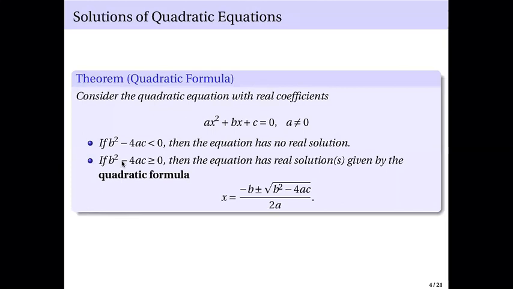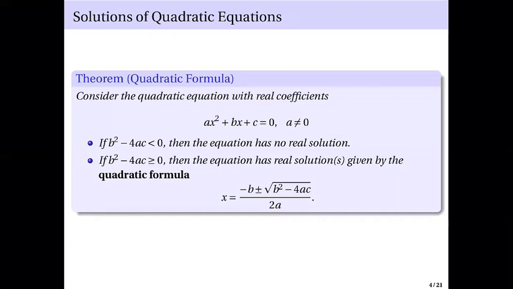If b squared minus 4ac is greater than or equal to 0, so you calculated this and found the number to be greater than or equal to 0, then this equation has real solutions. And the solutions are given by this formula: x equals negative b plus or minus square root of b squared minus 4ac, all over 2a.